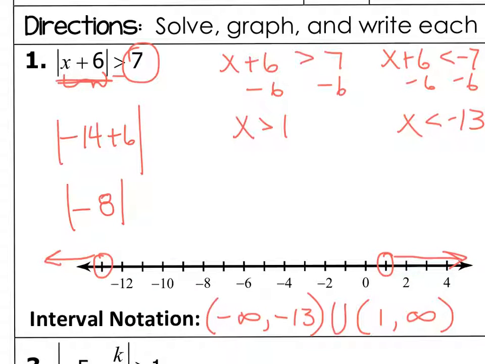When we evaluate the absolute value of negative 8, we get 8, and 8 is indeed greater than 7. So we're increasing the value in the negative direction as well as increasing the value in the positive direction so that it's always greater than 7.